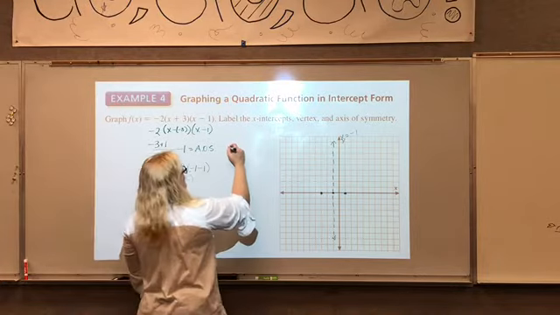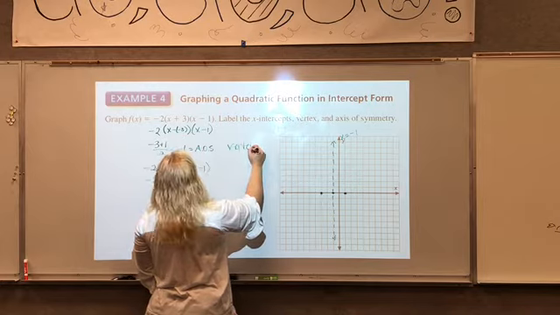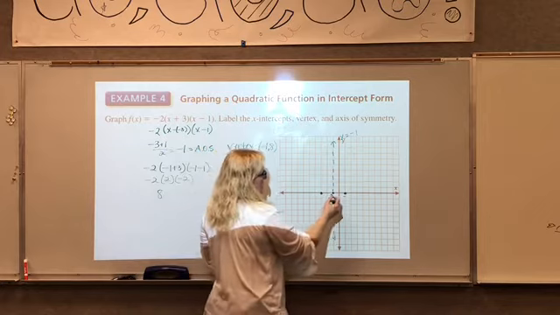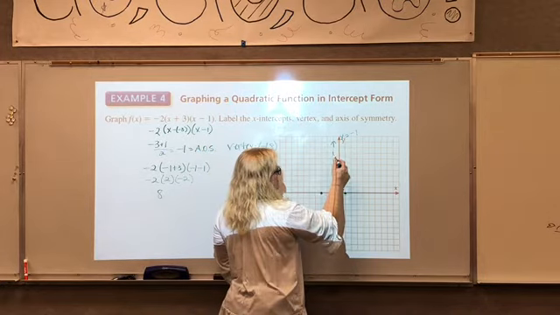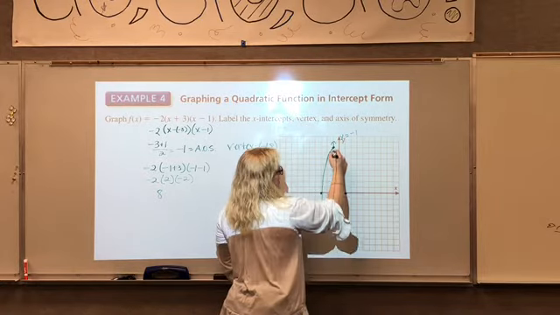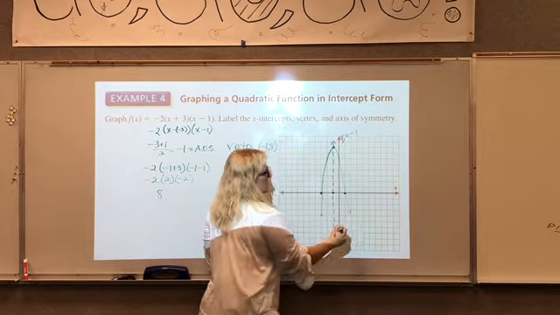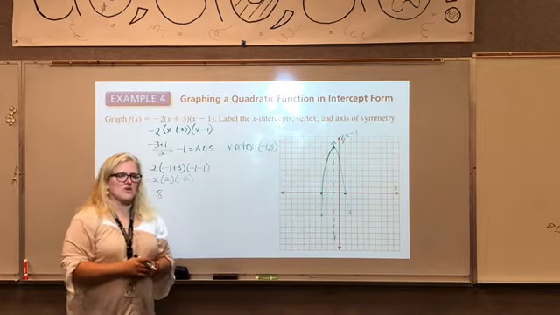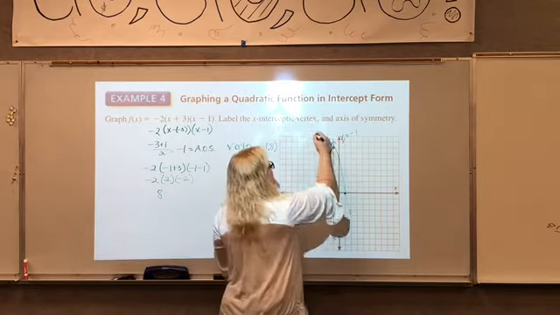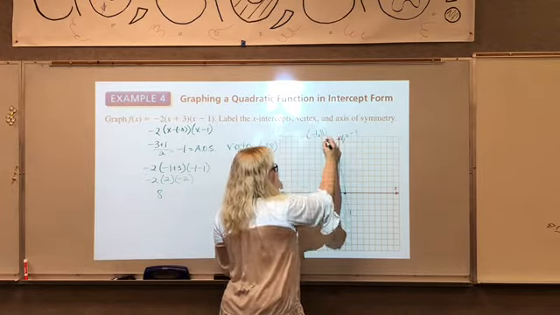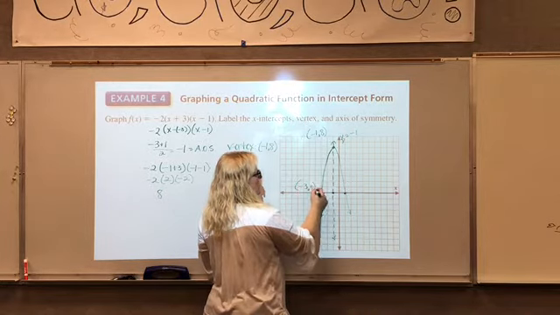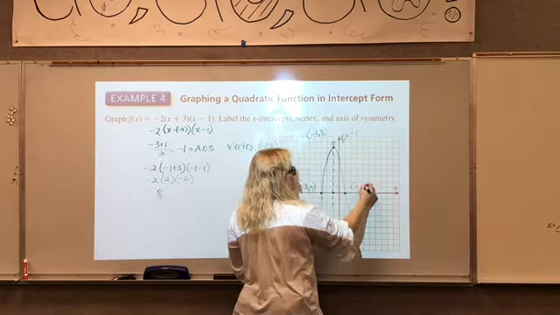So my vertex is negative 1, 8. 1, 2, 3, 4, 5, 6, 7, 8. Okay, and when I have all of these three points, then it's usually pretty simple to graph it. So here's my vertex, it's negative 1, 8. One of my x-intercepts is negative 3, 0, and another one is 1, 0.